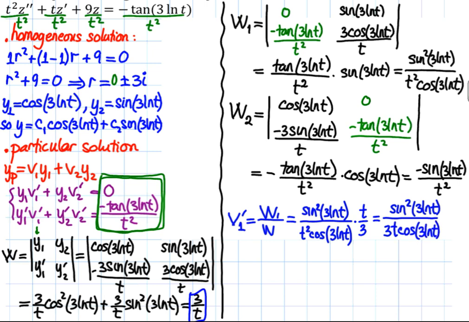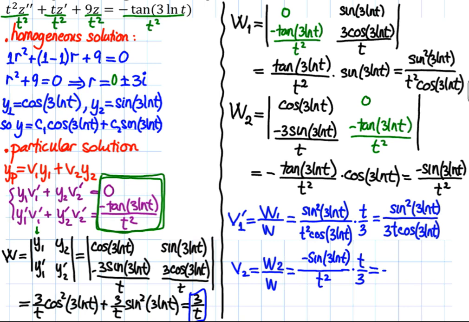That is v1 prime. We integrate to get v1, but let's just write v2 at the same step here. v2 prime is W2 over W. W2 is negative sine of 3 ln t over t squared, multiplied by the reciprocal t over 3.